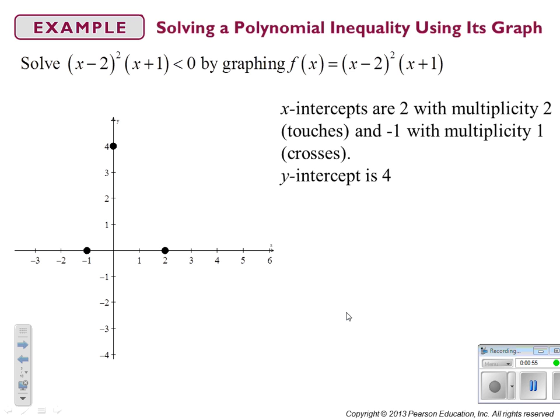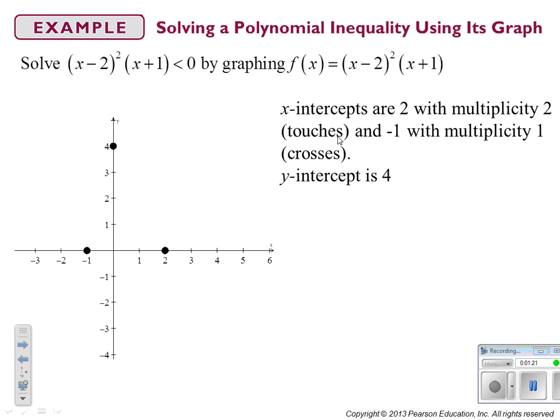We know without even graphing that the x-intercept 2 has a multiplicity of 2, so it's going to tap right there at 2. The other zero is -1, and it has a multiplicity of 1, so it crosses.